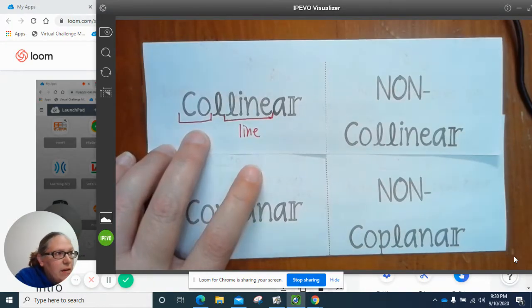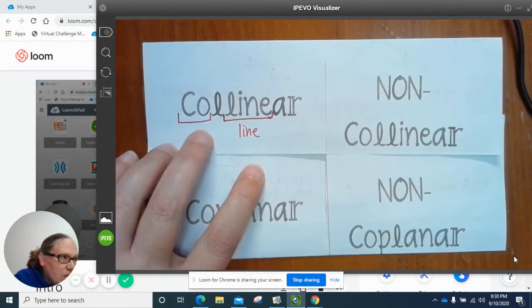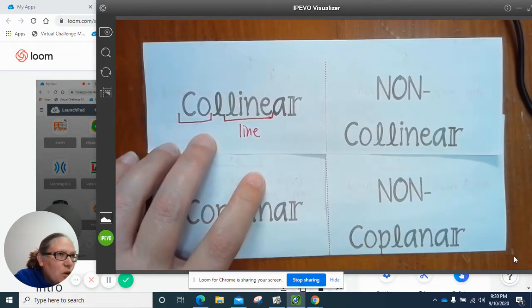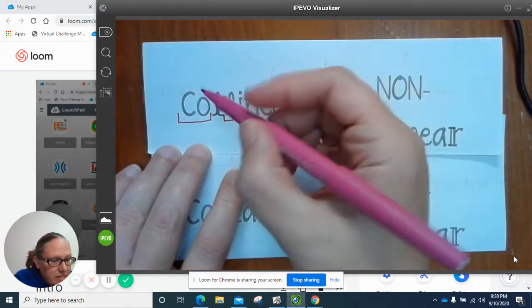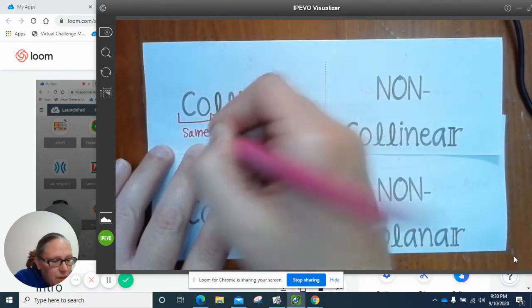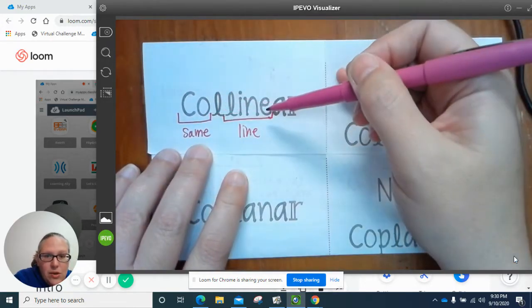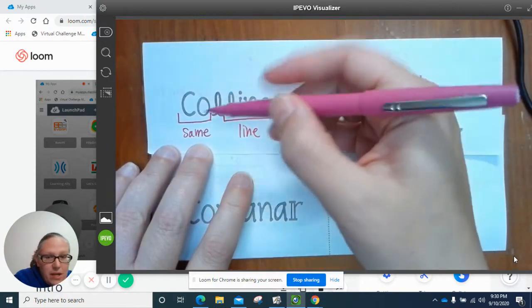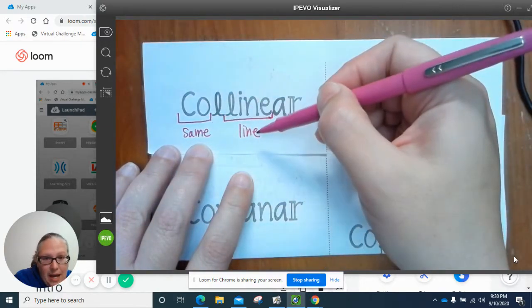When you cohabitate, that's from social studies, those are people that live in the same house or the same area, or the same village, right? They cohabitate. People that cooperate work together on the same task. So co means same. So collinear means points that are on the same line.